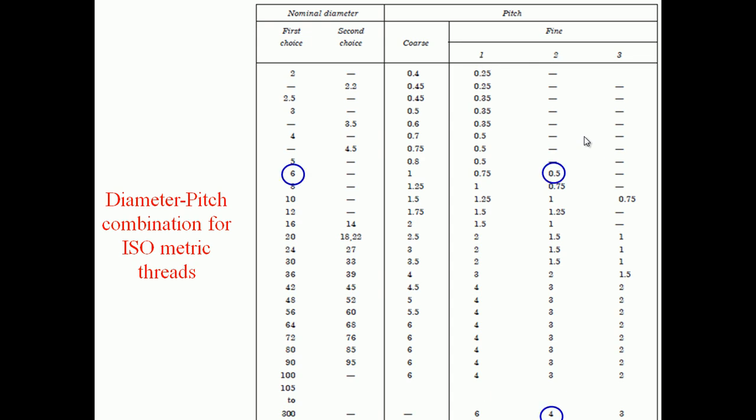The second class of the fine pitch starts from 0.5 to 4 mm for the nominal diameter of 6 to 300 mm. The third class of the fine pitch starts from 0.75 for the nominal diameter of 10 mm, and the maximum is 3, the pitch value for the 300 nominal diameter.